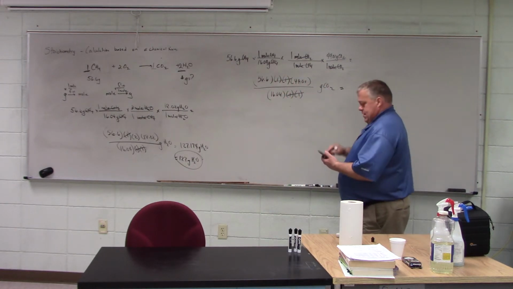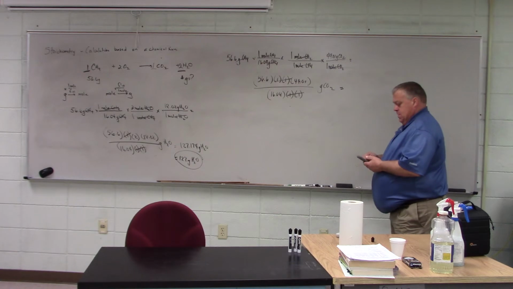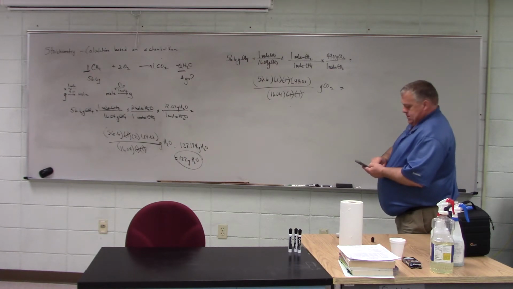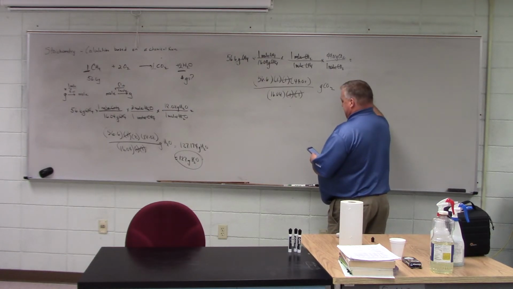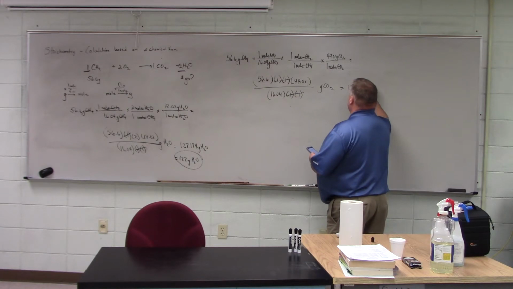So the number of grams of CO2, get out the handy dandy calculator again, is 56.6 times 44.01 divided by 16.04, and we get 155.30.